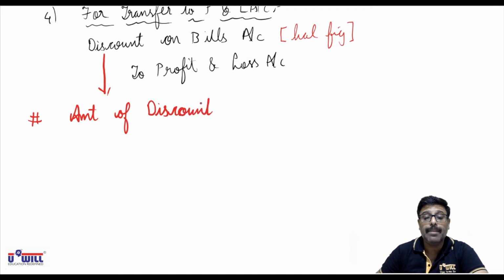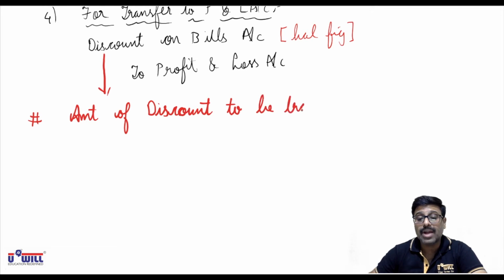We will find it mathematically. So give this heading: amount of discount to be transferred to profit and loss account. How will we find it mathematically?